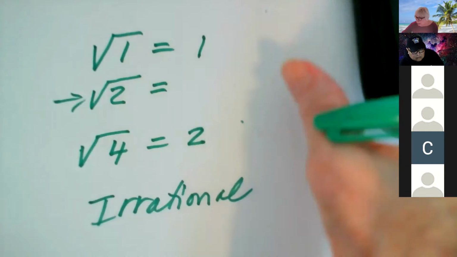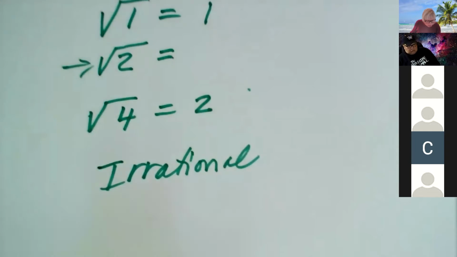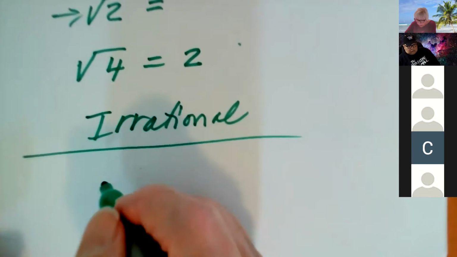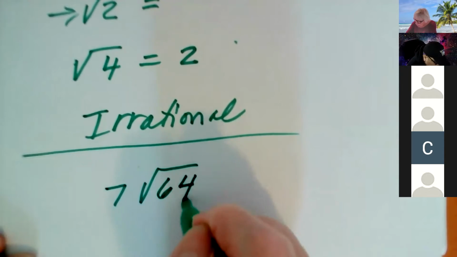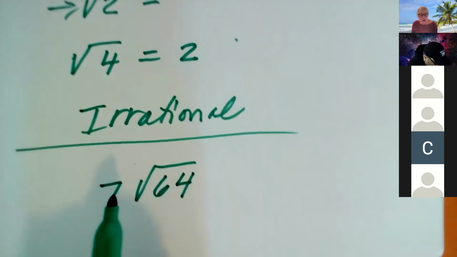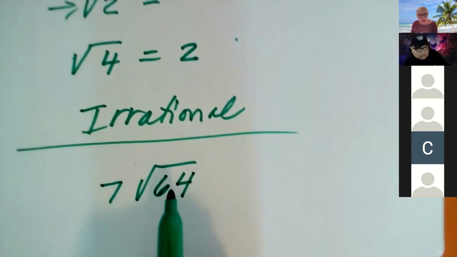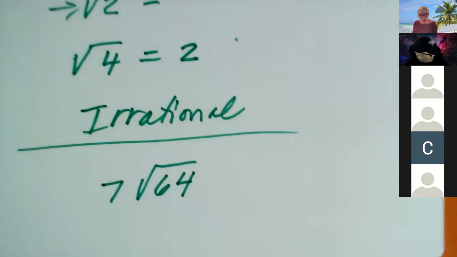So here's what we're going to do. So let's try this one. We will take into account what we already know. Here's a 7, here's the square root of 64. There's absolutely nothing between them. That means multiply.